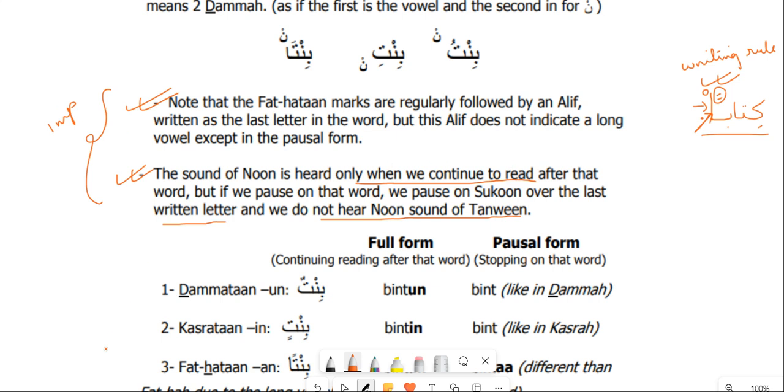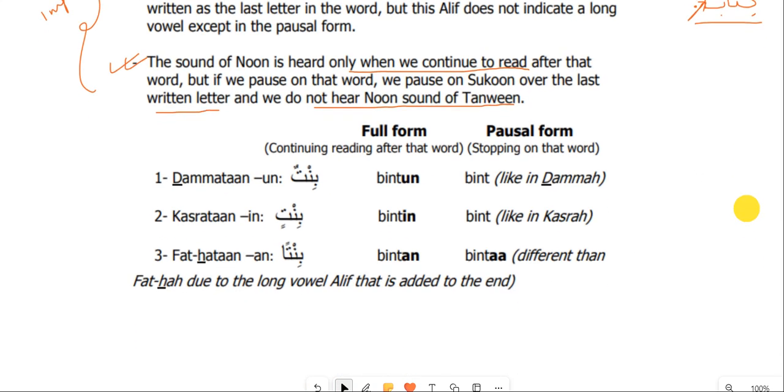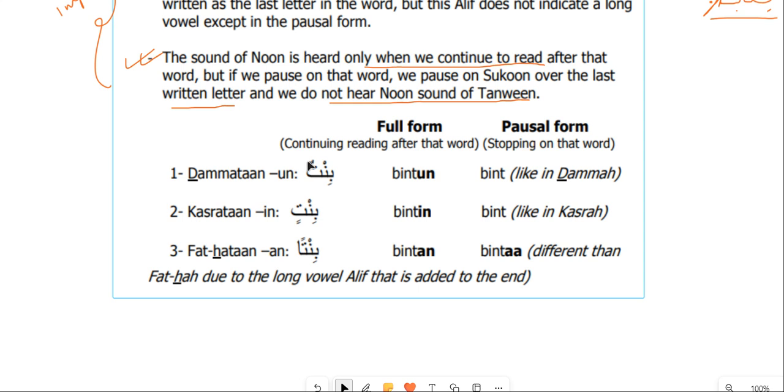So now let's move on to continue reading after that word and stopping on that word. For example, bint. Now when there is a dhammatain, how will you pause? You will pause as bint.